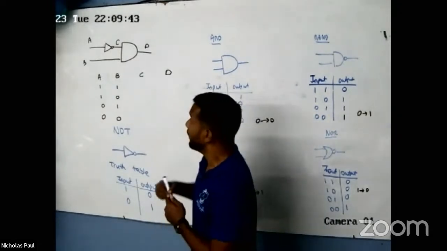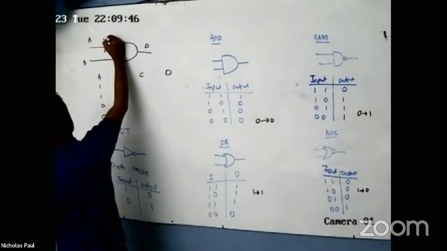Ready? So you should recognize that this gate is a NOT gate and this gate here is an AND.